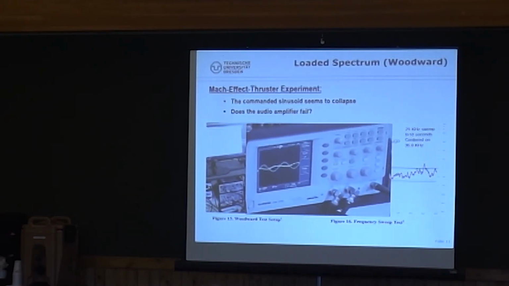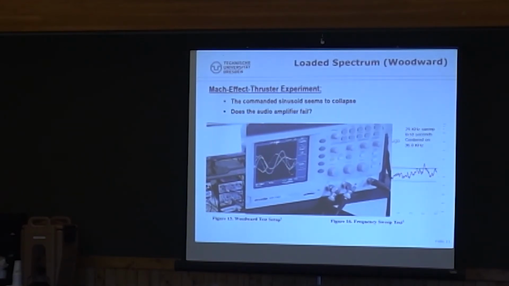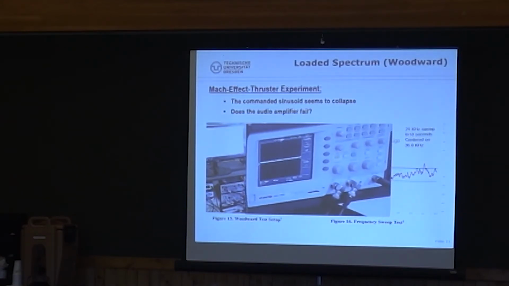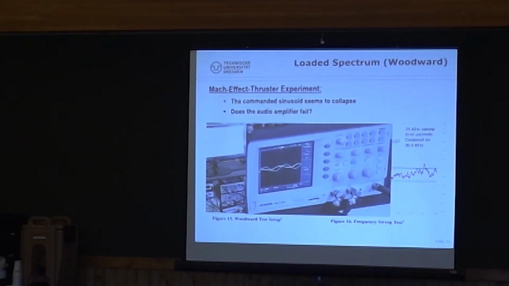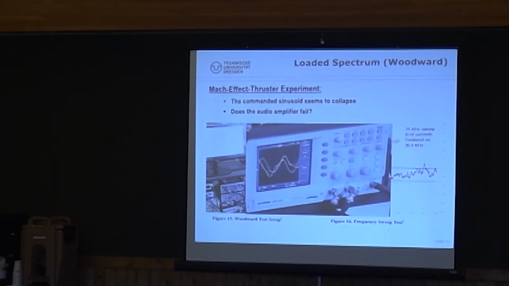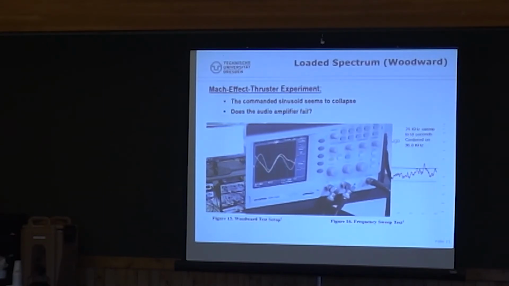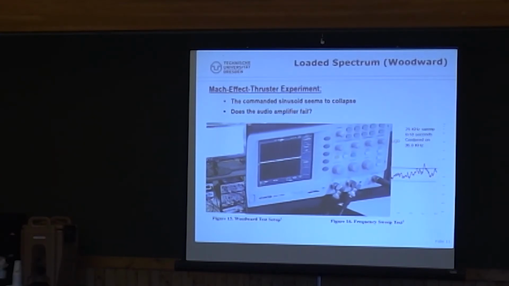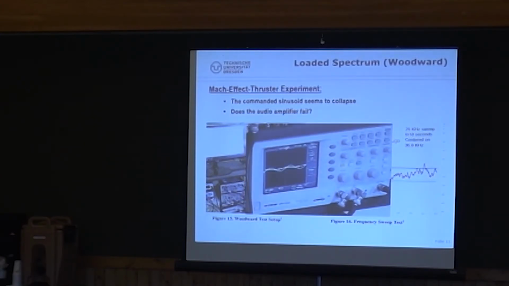Which resonance it is, we don't know in this picture, but this leads us to think what exactly is the voltage going in, the power going in, and therefore we would like also to see the impedance spectrum or power spectrum of the loaded system of Professor Woodward's experiment.